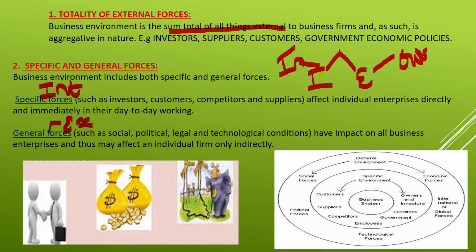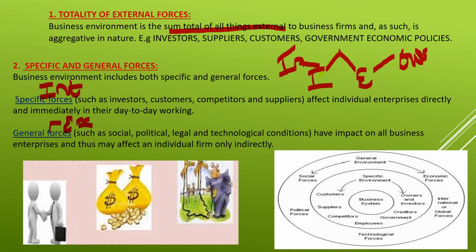In business environment, you have two words to remember: internal and external. Your internal forces refer to the people within your organization whom you can control. You cannot control your competitors, but definitely you can control your employees. For example, how many goods you want to manufacture and what quality you want to use, all these are your internal forces.